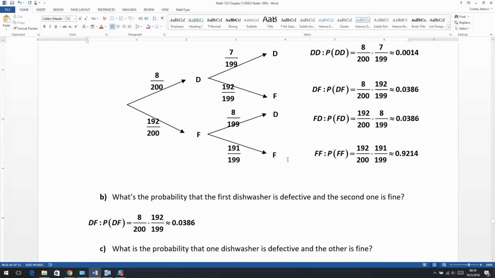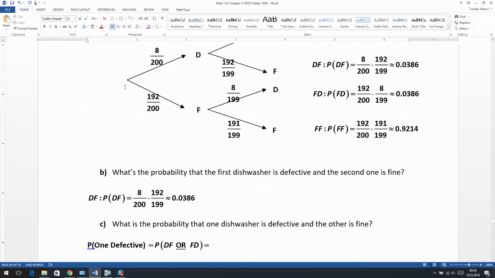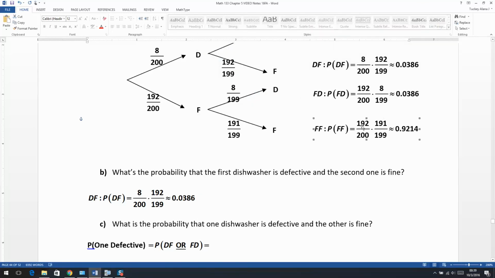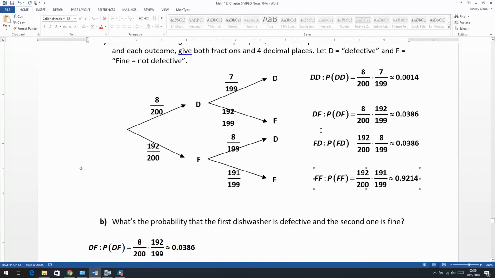And then fine-fine. Well, there's 192 fine ones and then 191 left after you've drawn a fine one already. So the second one is the probability of drawing another fine one given that you already drew a first one. And that's 191 over 199 after you've already drawn 192 out of 200. Now notice the tree diagram really helps us analyze what's happening.